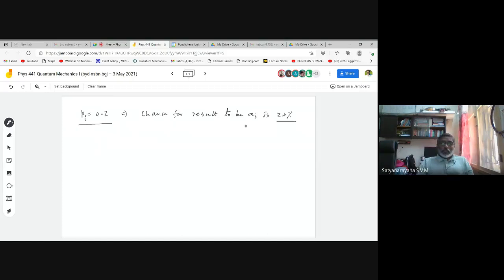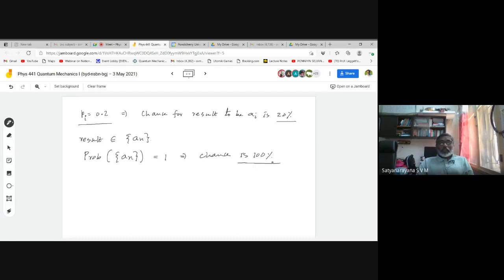Now this is one thing. Suppose I say that the result actually belongs to the set of eigenvalues, then you ask the probability that the result is going to be any one of these eigenvalues, and that has to be equal to 1. That means the chance has to be 100%.